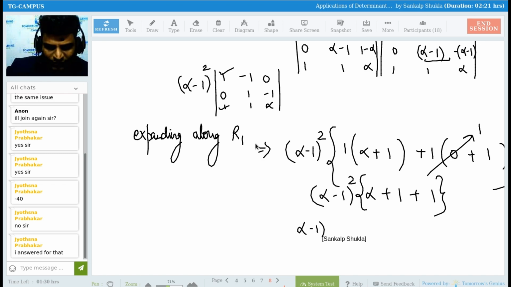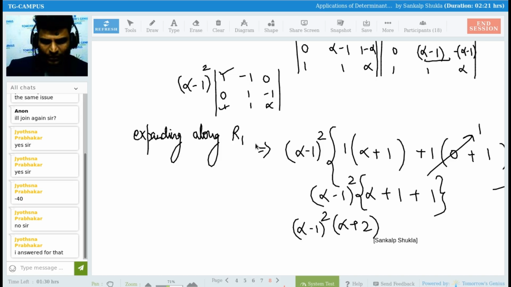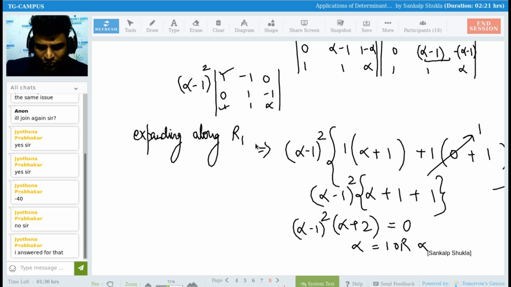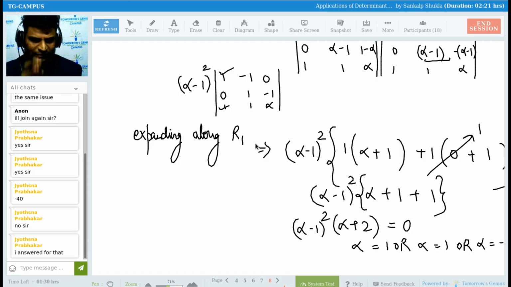Okay, so alpha minus 1 whole square into alpha plus 2 we have got. Now, if we put this thing equal to 0, we have alpha equals 1 or alpha equals minus 2. Fine. So if this system is having infinite solutions, then we have these respective values of alpha. Okay.